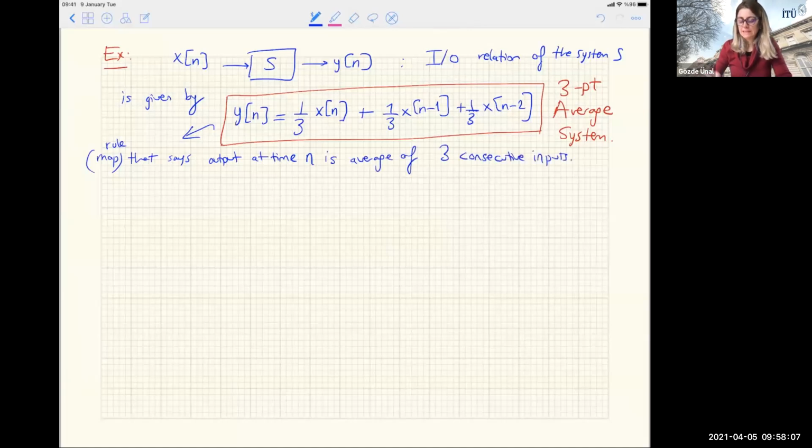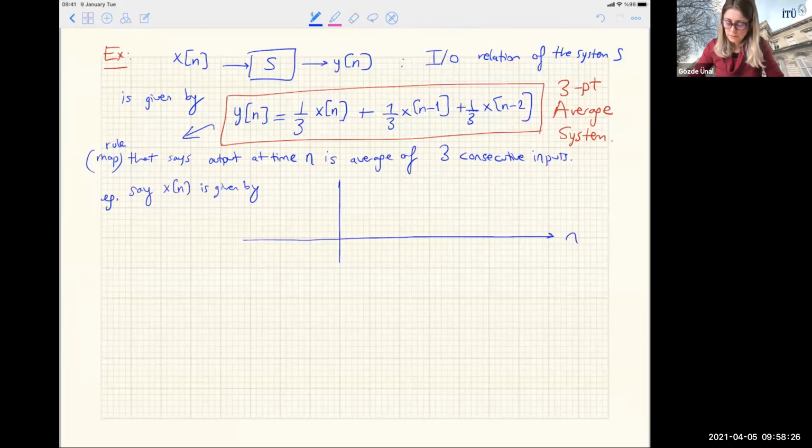So let's give an example, e.g., let's give an impulse signal. Say x of n is given by this. So this is my x of n, 0, 1, 2. My input.